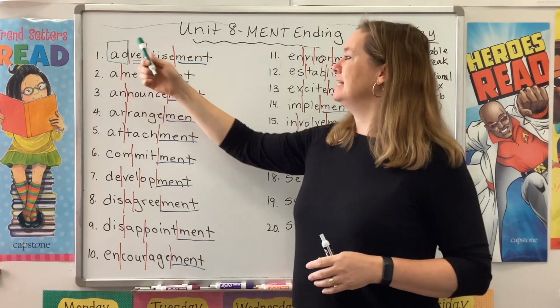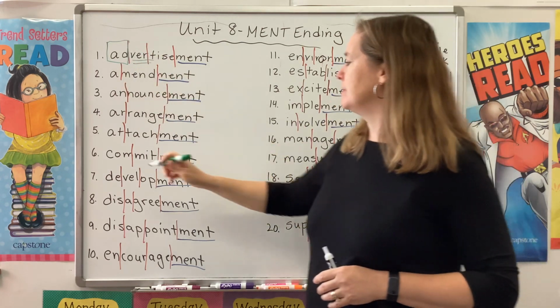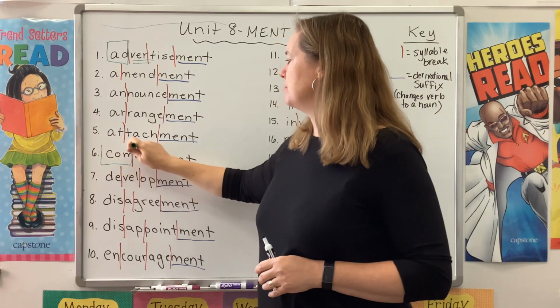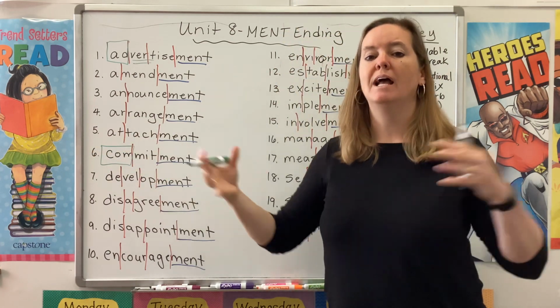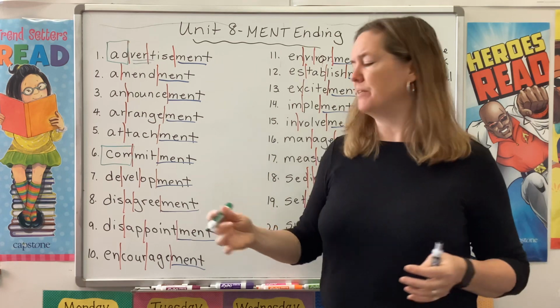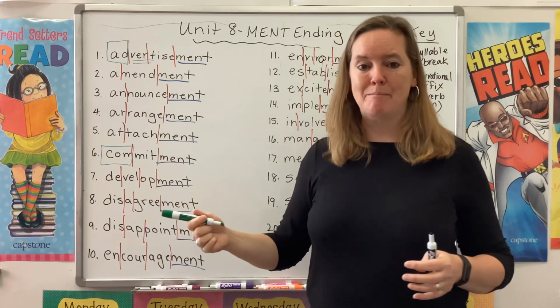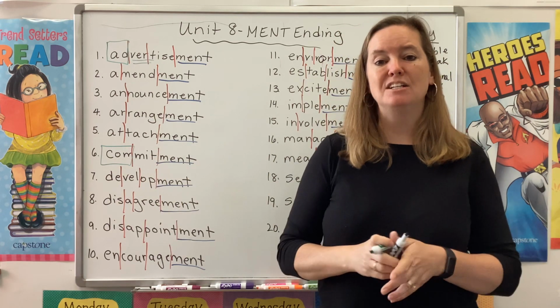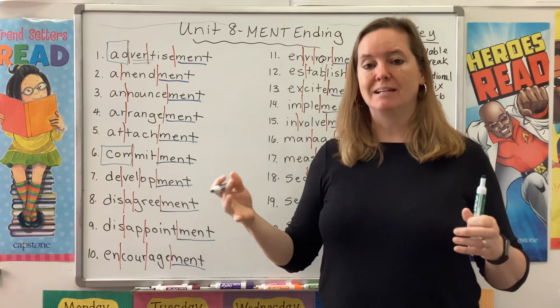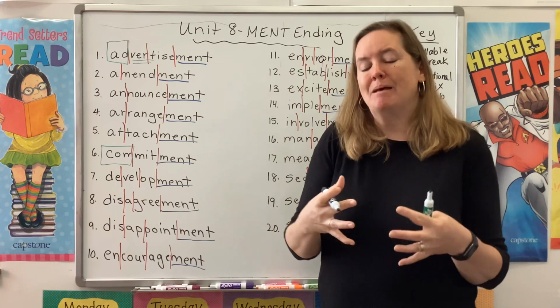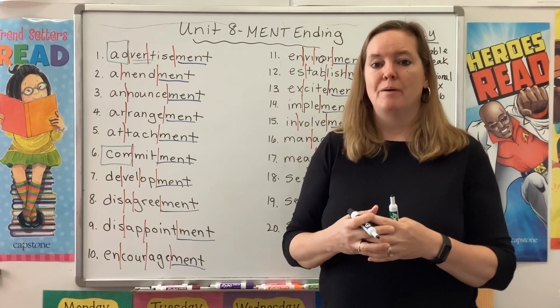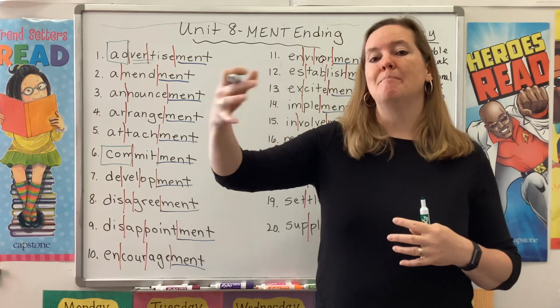So ad means toward. We've also learned about the prefix com, col, con, co, cor. They all mean with or together. So think about a commitment. A commitment is a pledge or a promise that you make to someone else, right? When you marry someone, you make a commitment to stay together, right? Companies make a commitment.